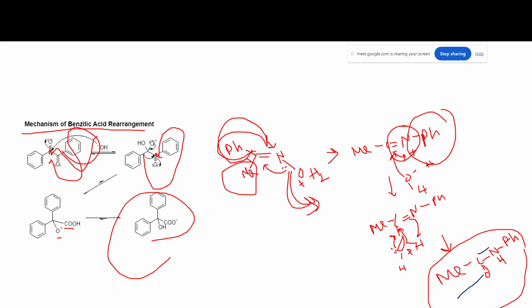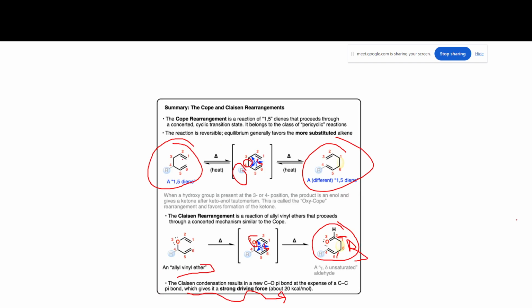Which bond will break depends on which group better stabilizes the positive charge on nitrogen. The phenyl has more chance to stabilize this, so the phenyl comes here, you form the amide, but the phenyl is broken and forms a new bond with the amide side.